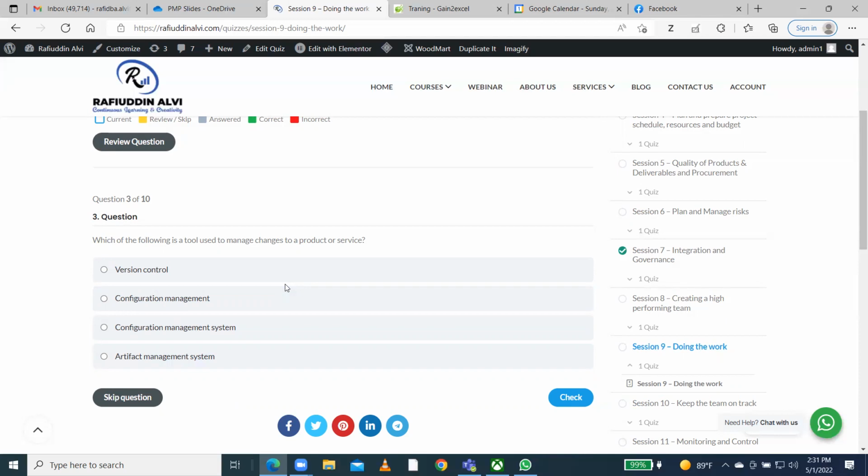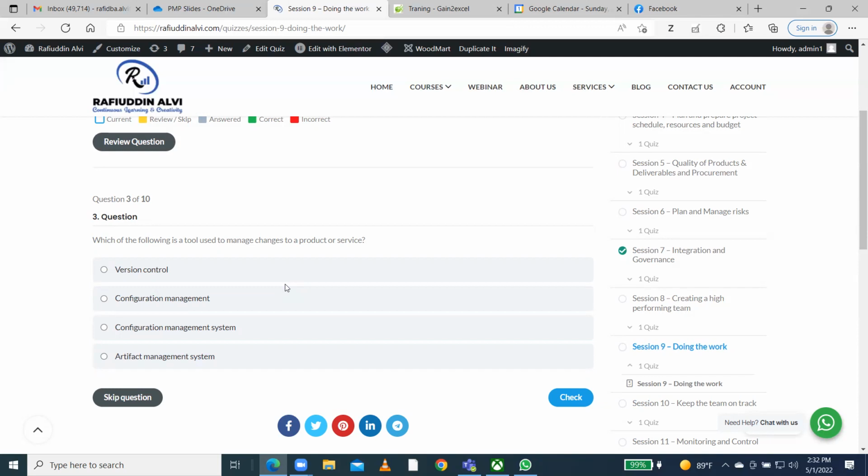Like we used to use Git, or HP ALM. That used to do version controlling. But what is that called?